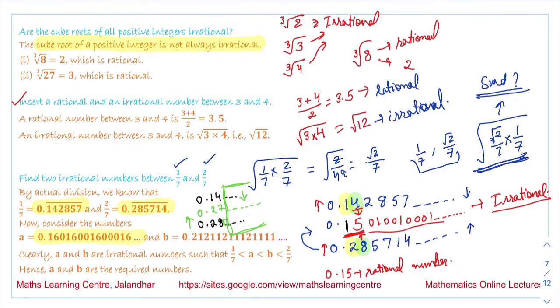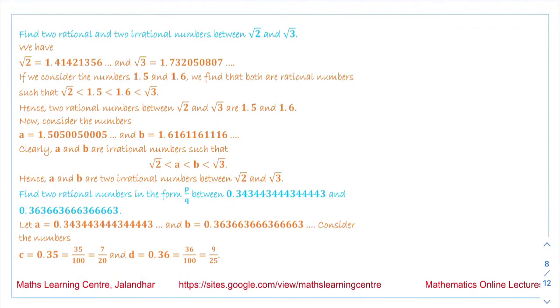Now in the next question, we have to find two rational and two irrational numbers between square root 2 and square root 3. So first of all, we write the values of square root 2 and square root 3. We have seen that square root 2 is 1.41421356 and so on.